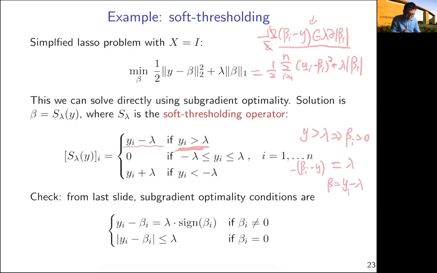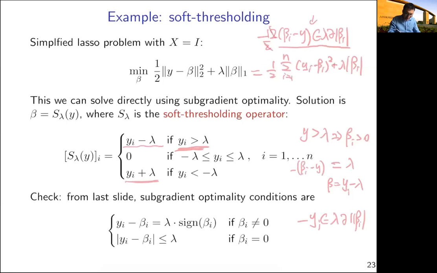And similarly, when y is smaller than minus lambda, we get this. So what if y is in between? When y is between minus lambda and lambda, the only solution for beta_i that applies is beta_i equal to 0, because minus y needs to be inside lambda times the subdifferential of beta_i.